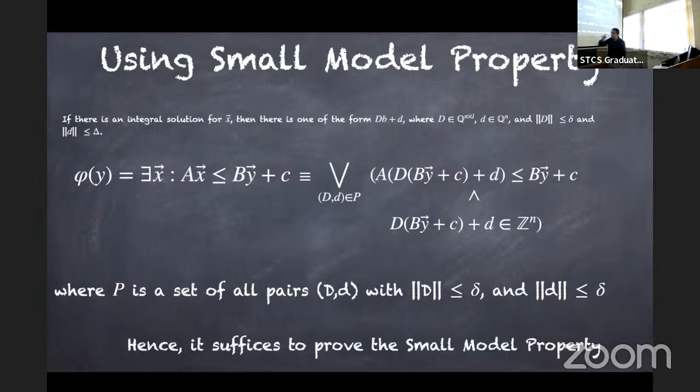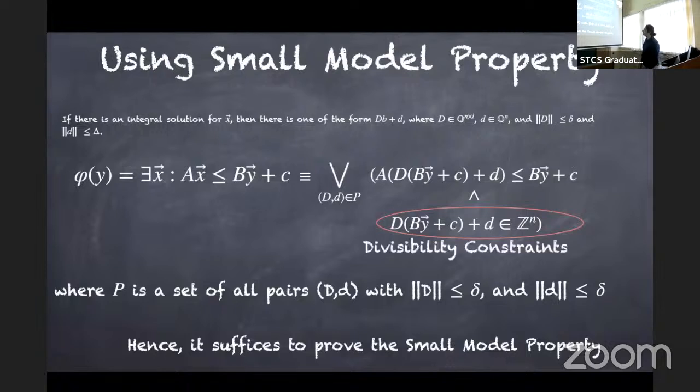Additionally, because you are working in Presburger arithmetic, you need to check whether you are within the integral domain or not. So you need to check whether the expression that you are replacing your x with is indeed an integer. And this is where you need your modulo or divisibility constraints to encode this particular constraint. So given this formula, you can basically get a quantifier-free formula, and hence it suffices to prove this.